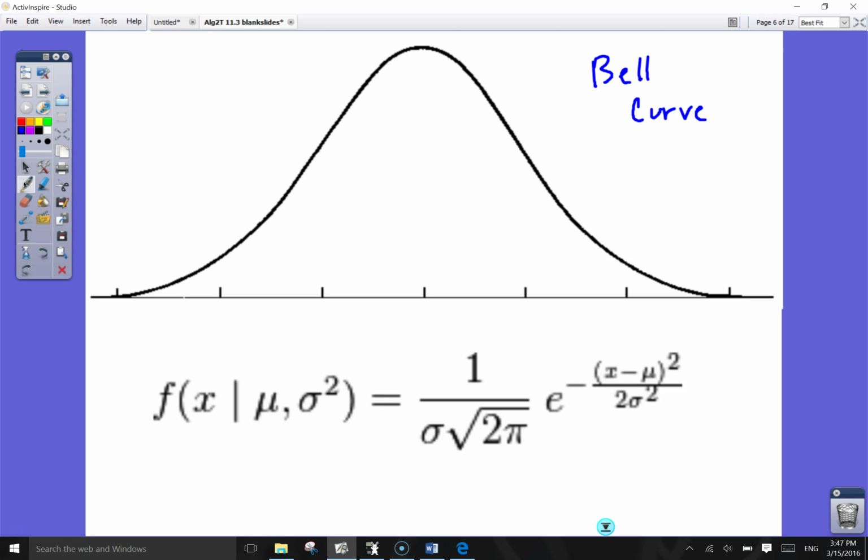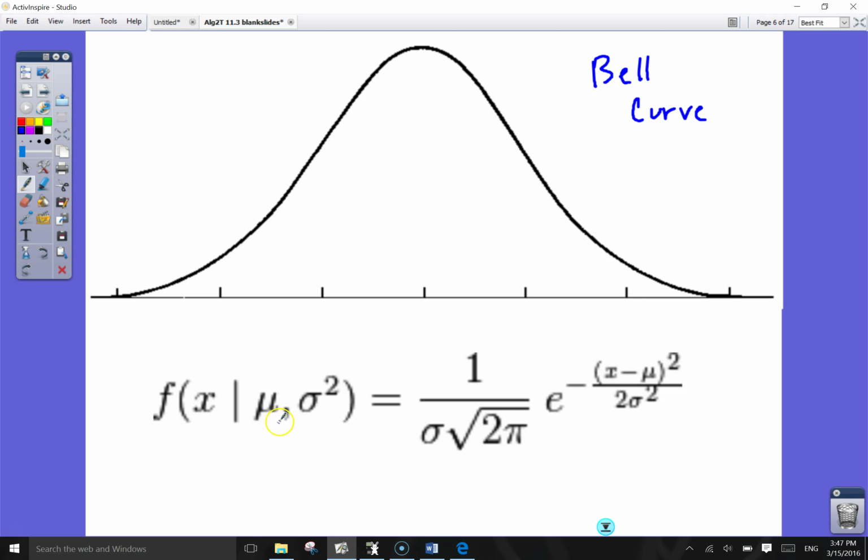It was kind of controversial in its day. If you Google it, you'll see probably a lot of negative comments about the book The Bell Curve. But the bell curve actually has a mathematical equation that generates it, right? It's called a Gaussian equation or Gaussian function.